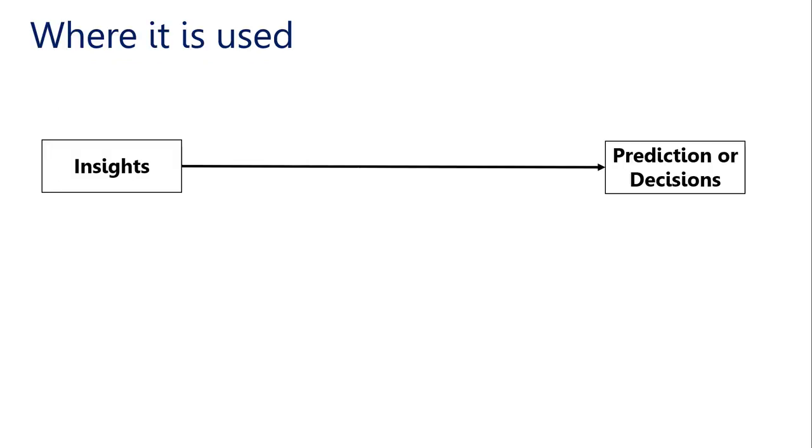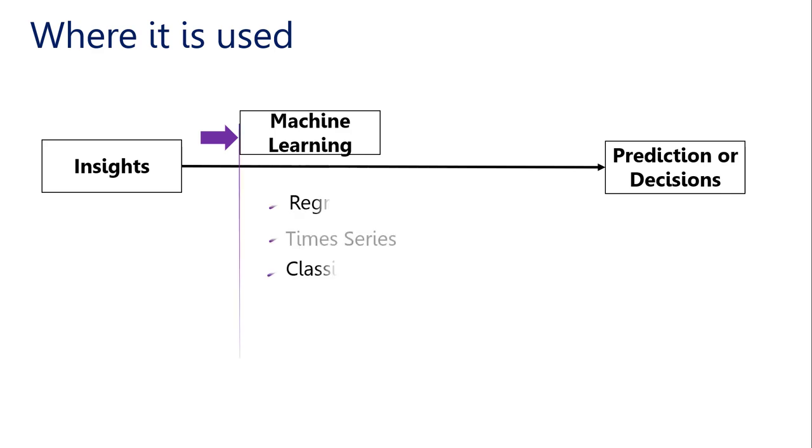The process that is involved, from getting the insights, whatever knowledge we have, and from there trying to predict or make decisions out of it, is called machine learning. Machine learning helps to use the knowledge that we have extracted, and from that knowledge, it helps to predict the unknowns and also helps in decision making.